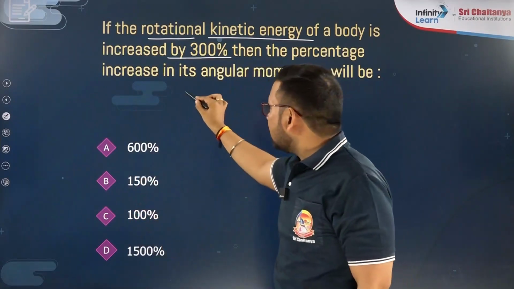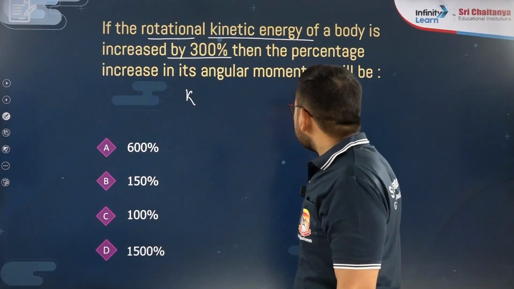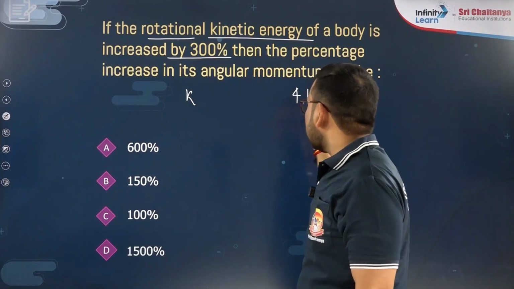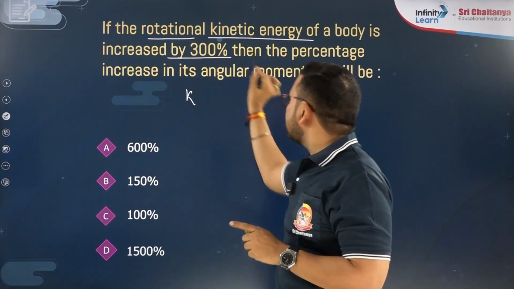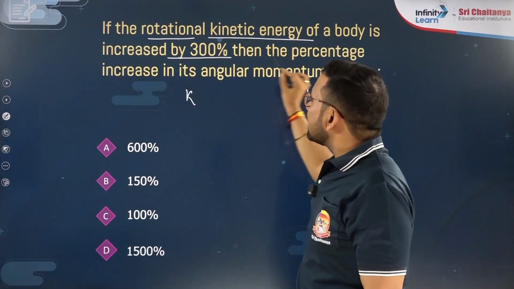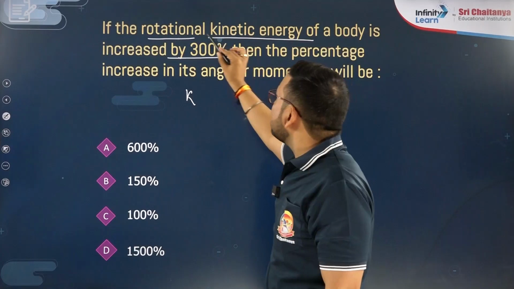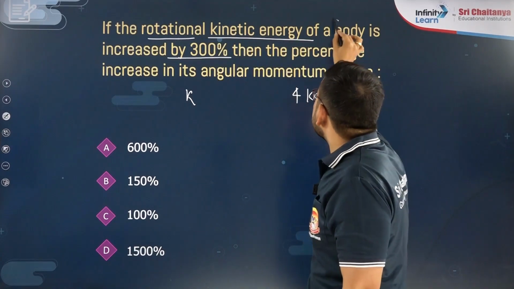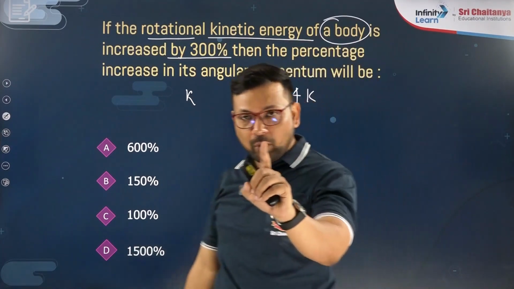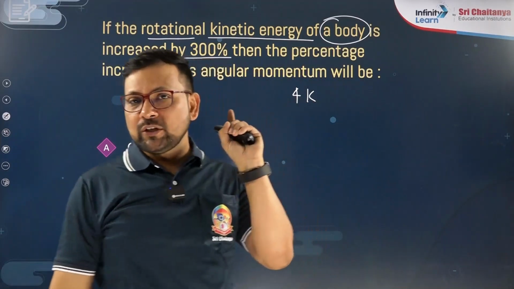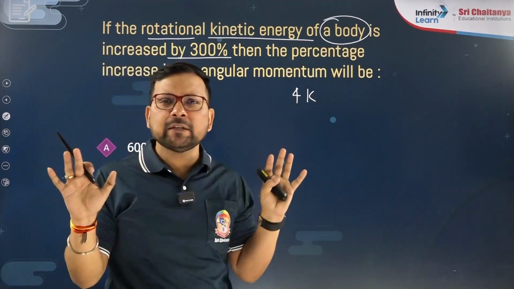So I have initial kinetic energy K. Then I have final kinetic energy 4K, which is increased by 300%. Then the percentage increase in angular momentum. Simply, if the rotational kinetic energy of one body is there, moment of inertia will not change. We are not changing anything in the body.